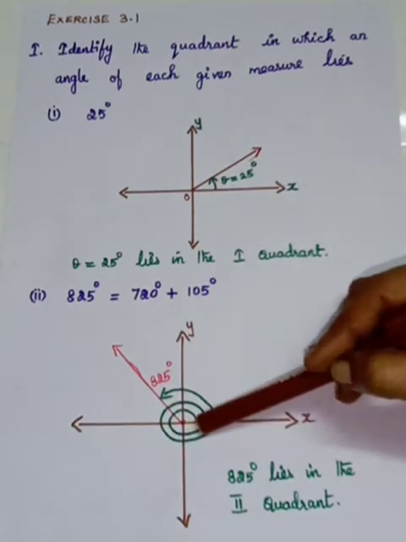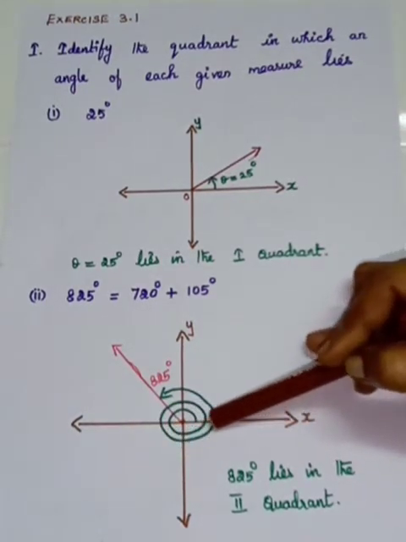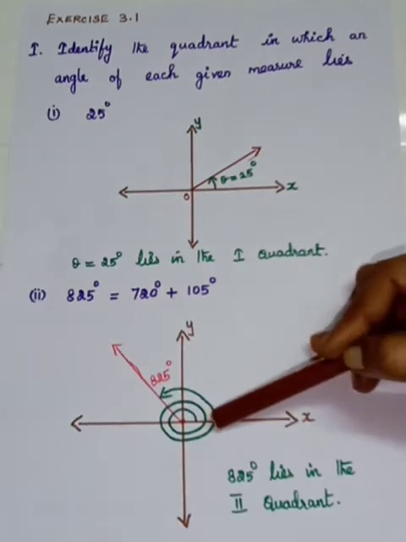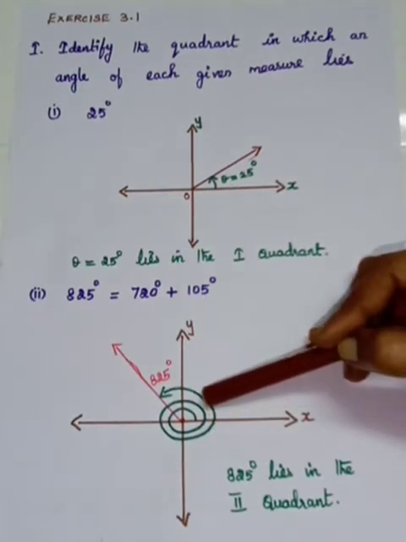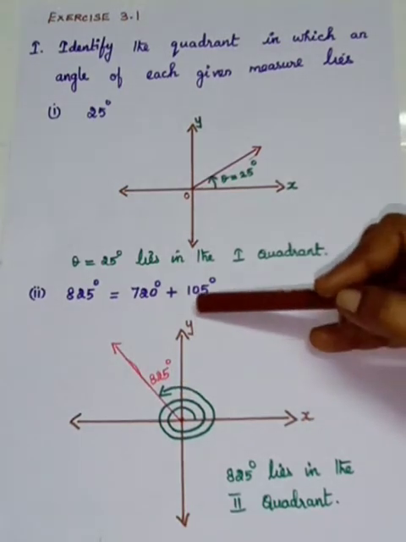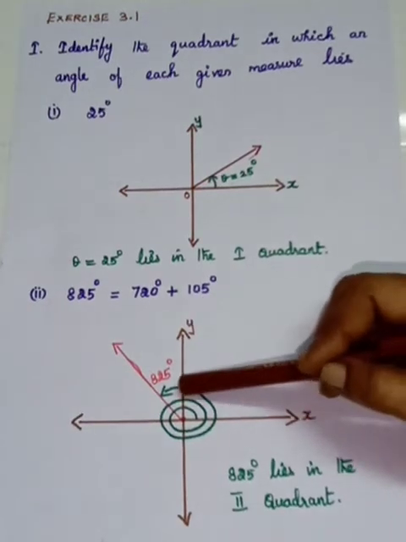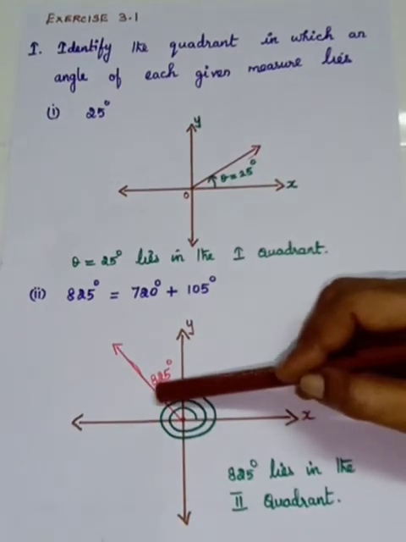How many complete rotations does it have to complete? 2 complete rotations. So I have completed the second rotation also. After that it is 105 degrees. So you have to move to the first quadrant. 90 degrees is over, so the remaining is 105 degrees minus 90 degrees, which is 15 degrees. So it moves to the next quadrant.